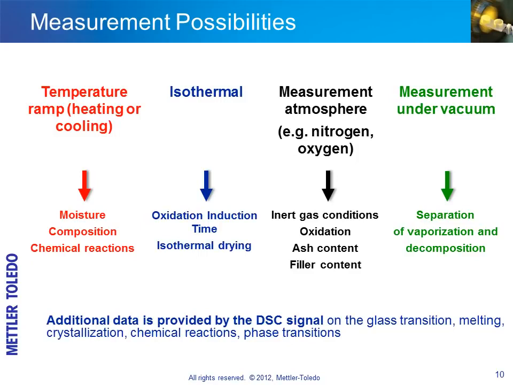The simultaneously measured DSC heat flow signal records exothermic and endothermic events such as the glass transition, melting, crystallization, chemical reaction, and phase transitions. In the following slides, I want to show examples of each of these 4 measurement possibilities.